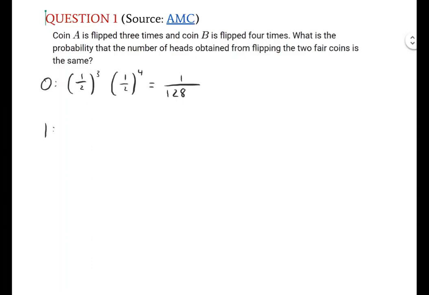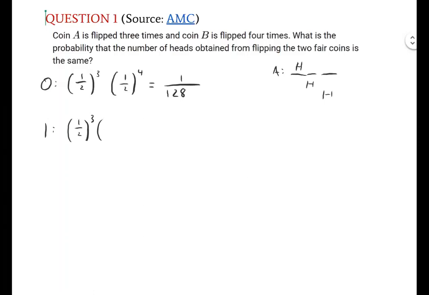And yeah, if you both flip 1 head for both coins, then the probability of doing that is 1/2 cubed. So this is just the probability of getting a head. But then you have to decide which flip. So for A, you flip a coin 3 times, and you want to know which one of these is heads.